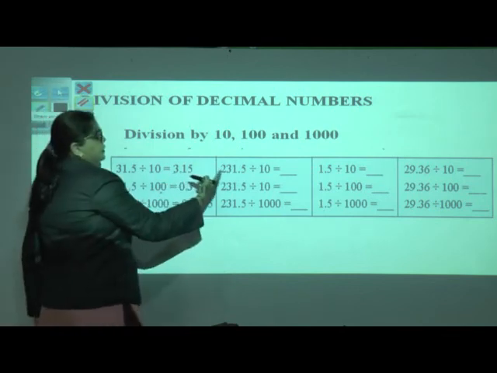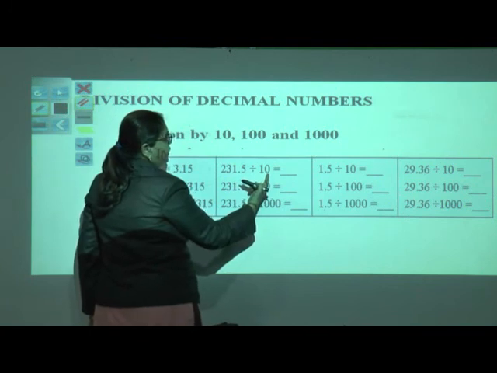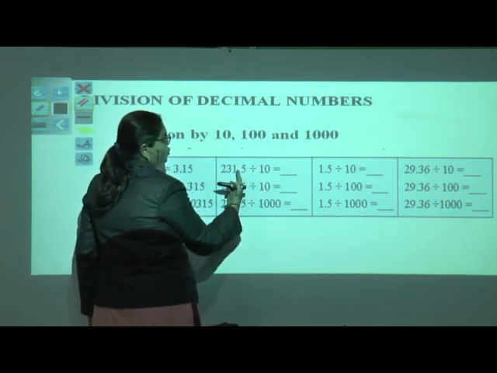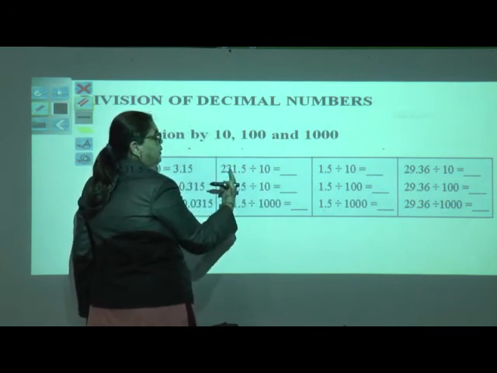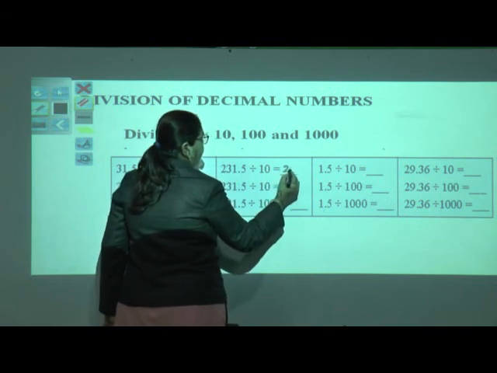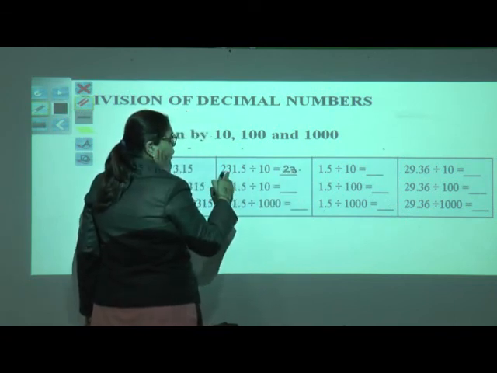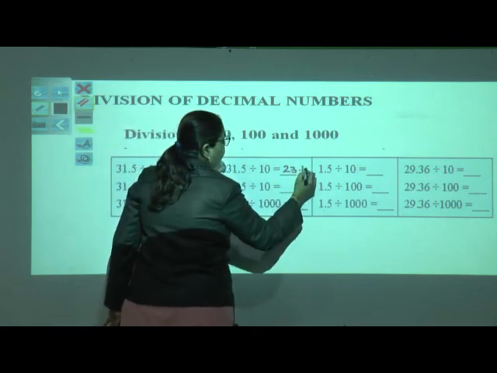We will see here what the answer will be without doing any steps. Here we have in the 10, 1 zero, so it will go 1 digit left. The decimal will go 1 digit left. So what will be the answer? It will be 23 point, it will go 1, so it will be 15.